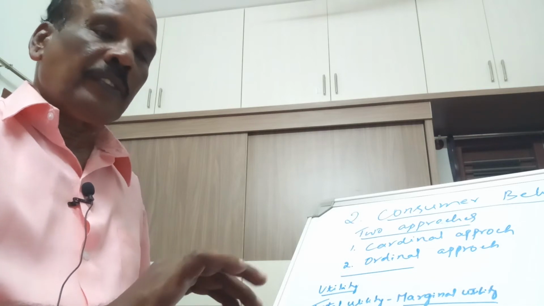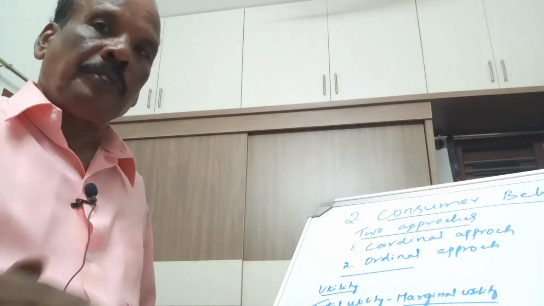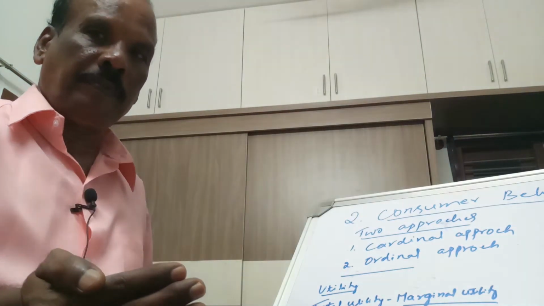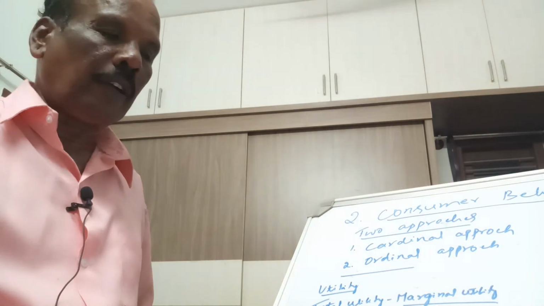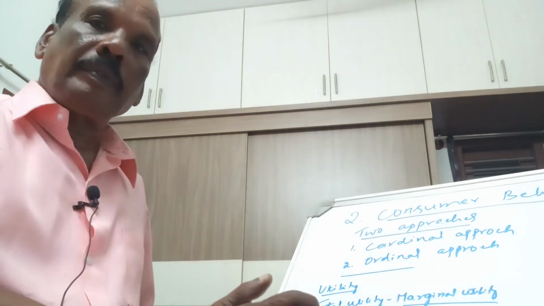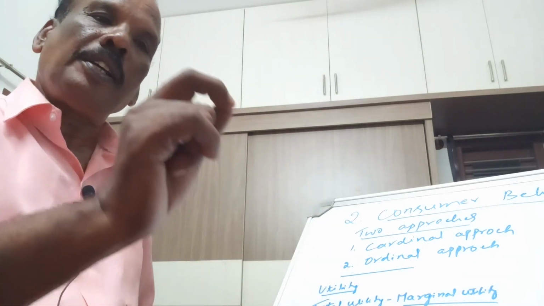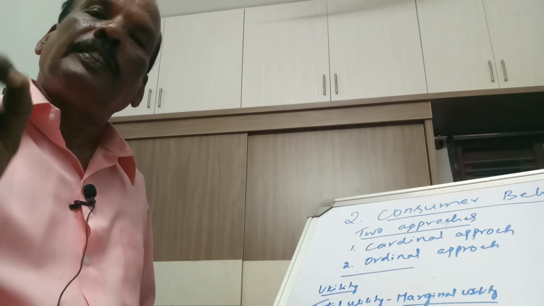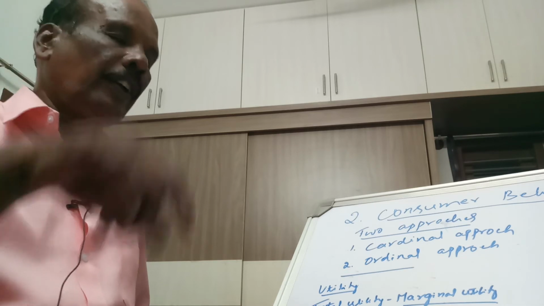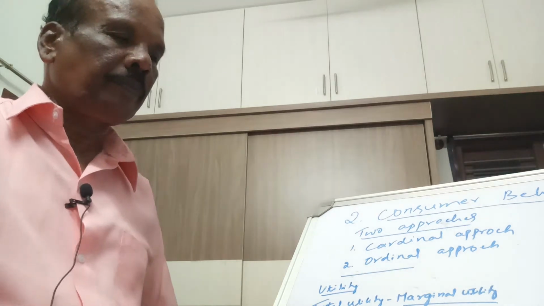That means it is the change in total utility due to the change in consumption of an additional unit of a commodity. So, the extra utility derived from the consumption of an extra unit of a commodity is called marginal utility.